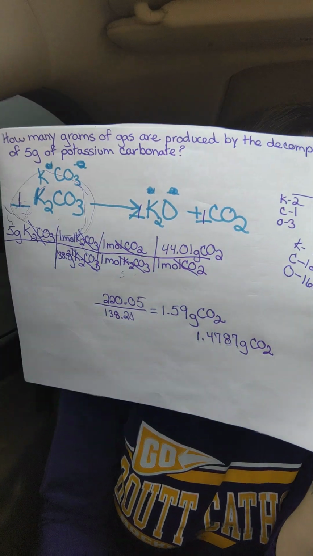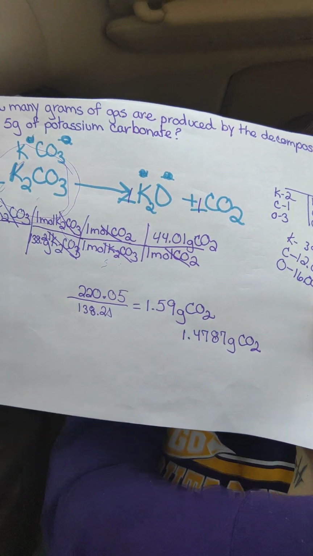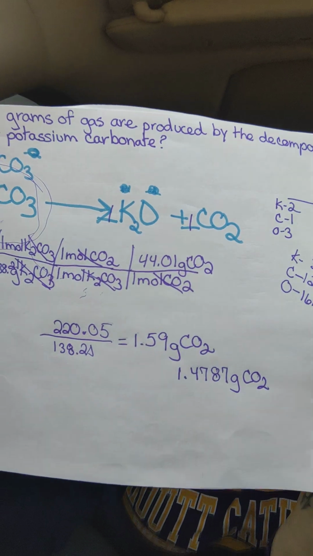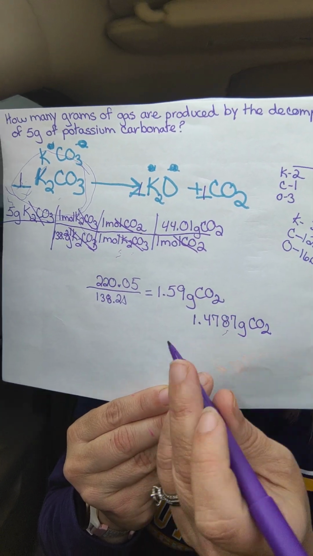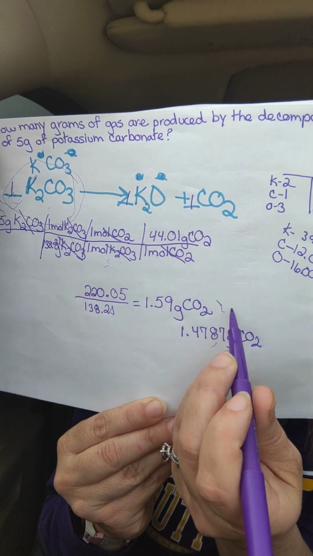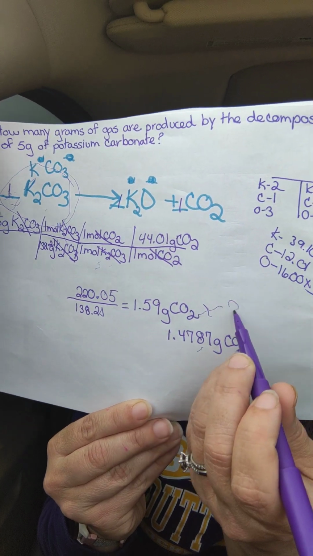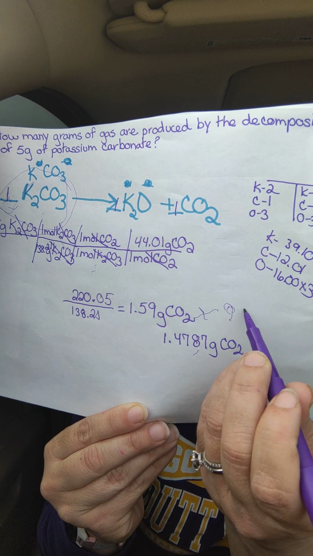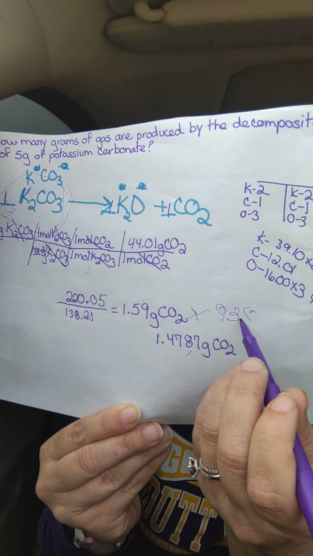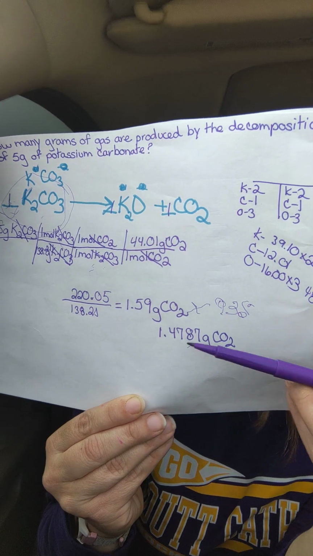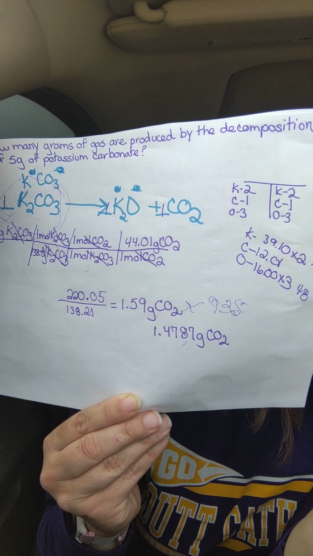I don't know how far he has you write it out, but that is my answer after I multiplied this by 93%, because it's a product. And so we get 1.4787.